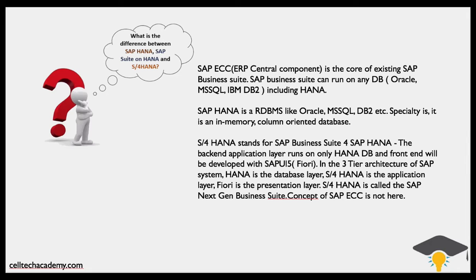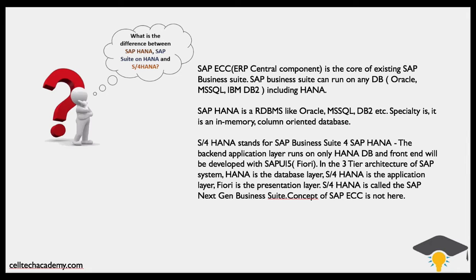In a typical scenario, previously before HANA was introduced, ECC could have any backend database. It could be Oracle, SQL Server, IBM DB2, or any other database like MaxDB or Informix. So it can run on any database. SAP was never a database development company like Oracle.